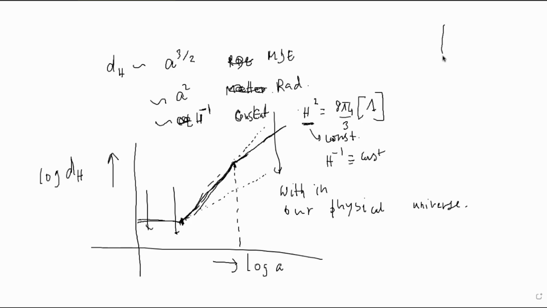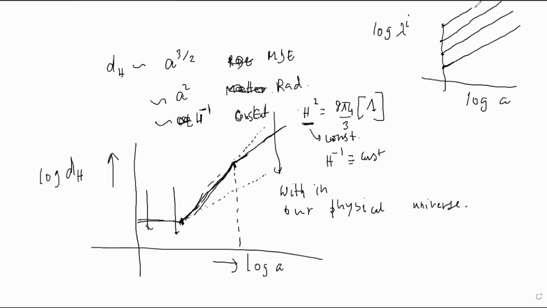I am drawing them here. This concept is a little bit tricky, but I am drawing different log of lambda. Different wavelengths: a wavelength of 1 megaparsec, 2 megaparsec, 3 megaparsec, 4 megaparsec. But I just said that the wavelength will expand as A, because lambda physical is A times lambda comoving. So the physical wavelength lambda will be stretched proportional to A, and in log A, how will the slope be? Will it be steeper than this or lower than this?